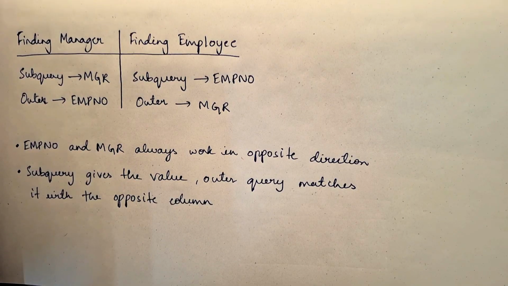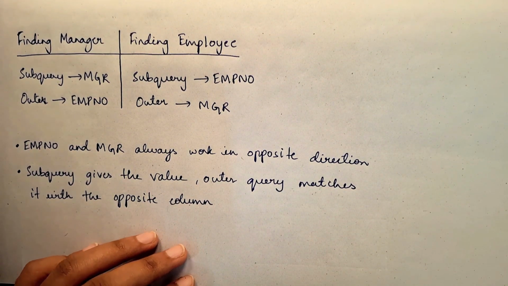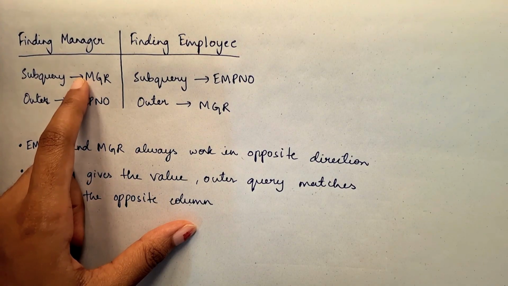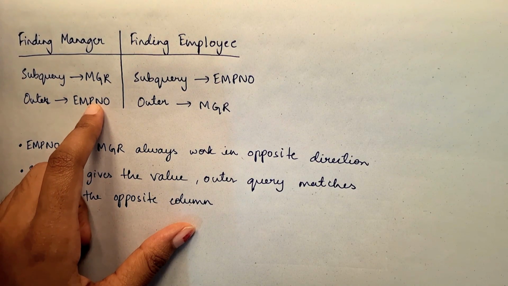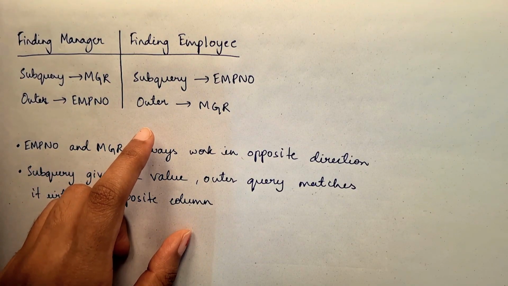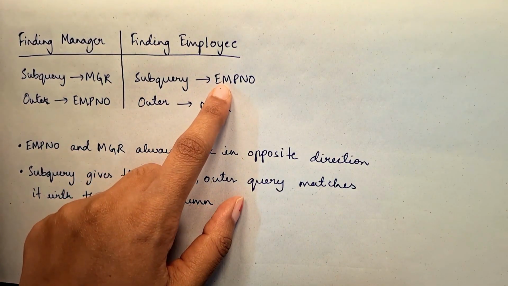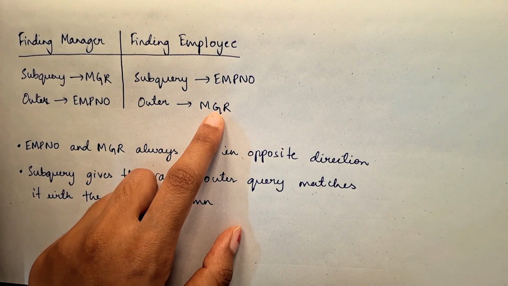Now to avoid confusion, I am giving you a simple comparison table, guys. Suppose the question is asking to find the manager, then in the subquery we use MGR and in the outer query we match with employee number. And if the question is asking us to find employees, then in the subquery we use employee number and in the outer query we match it with MGR.